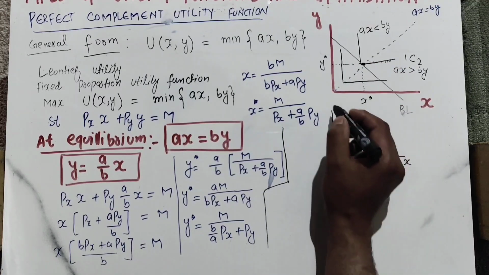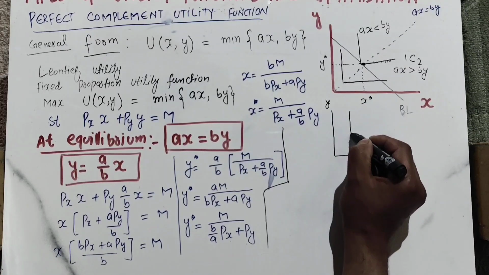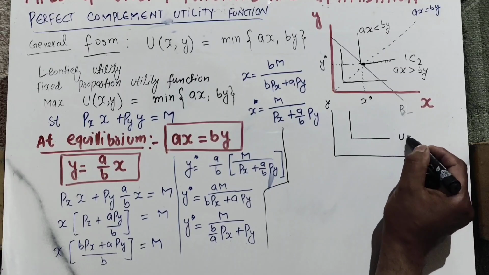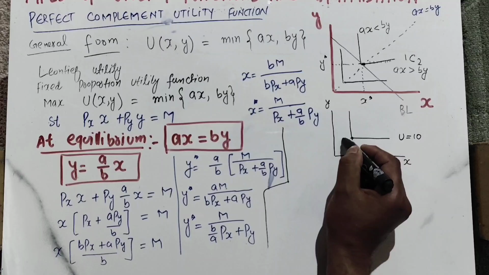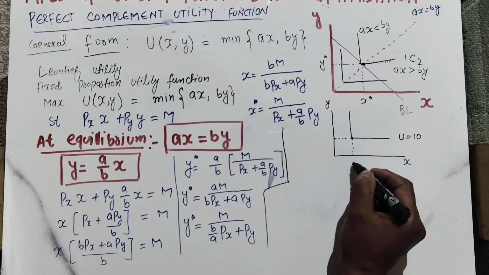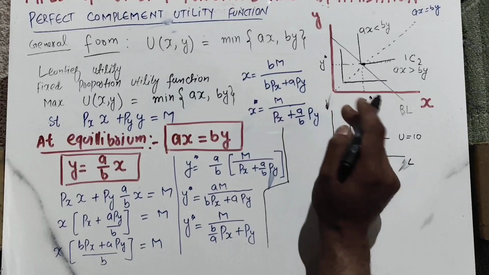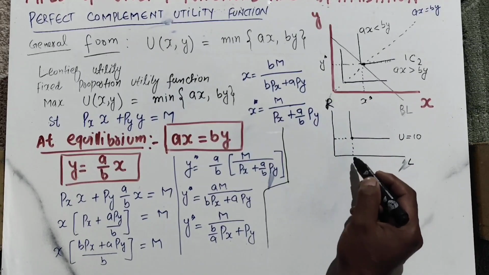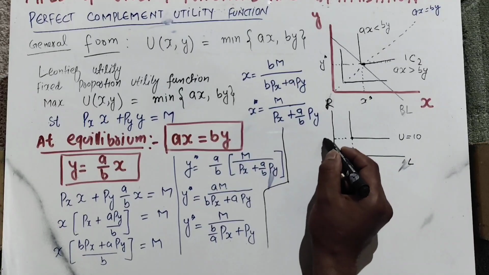So we have x and y here, and let us say we have this indifference curve. Let us suppose it gives us utility of 10. Let me write L and R to explain it in the case of left shoe and right shoe. Let us suppose here L is equal to 1, R is equal to 1.